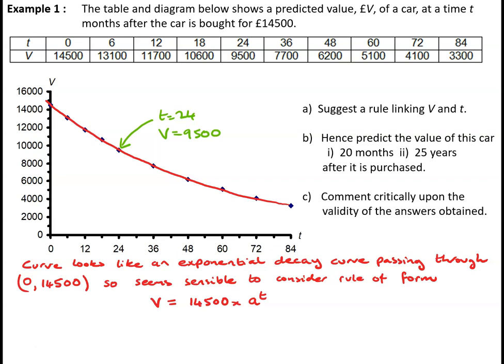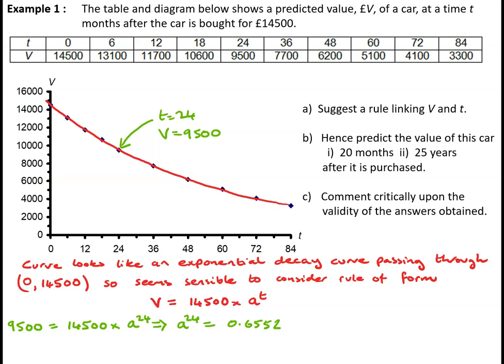So if we insert those values into our equation v equals 14,500 times a to the t, we've got 9,500 must equal 14,500 times a to the power 24. In other words, a to the power 24 has got to be 9,500 divided by 14,500, or approximately 0.6552.